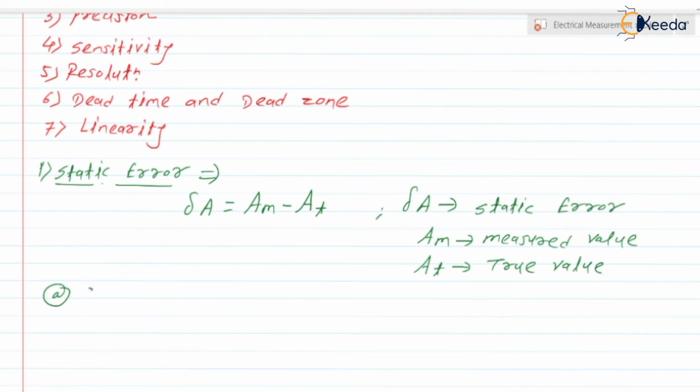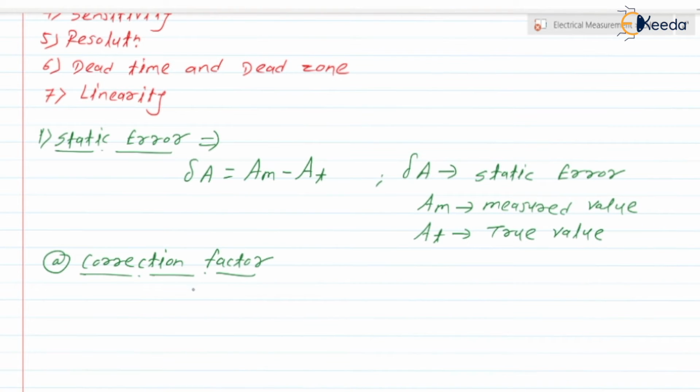One is the correction factor, and second one is relative static error. We'll discuss relative static error later on. Let us first discuss what the correction factor is.